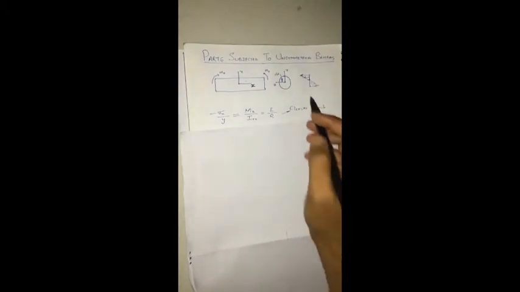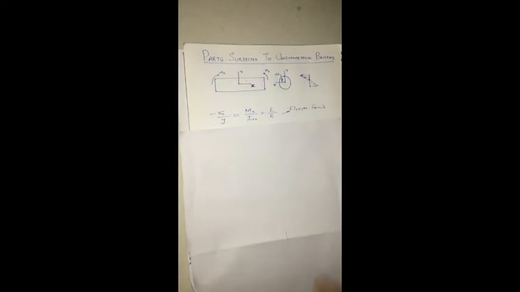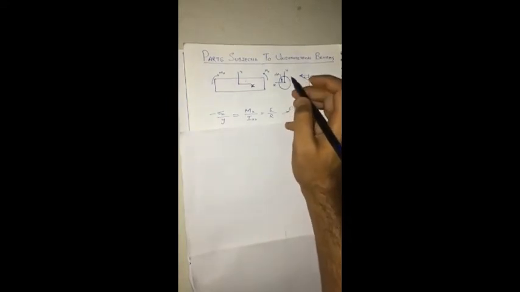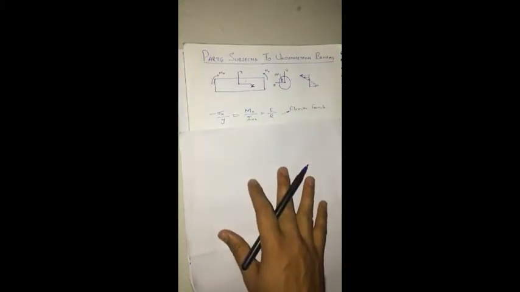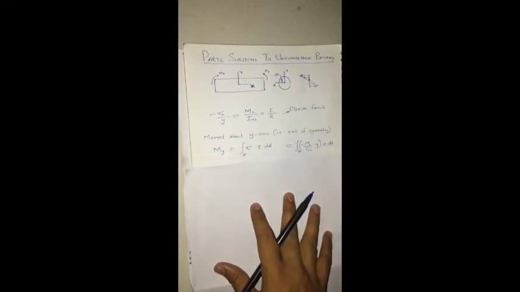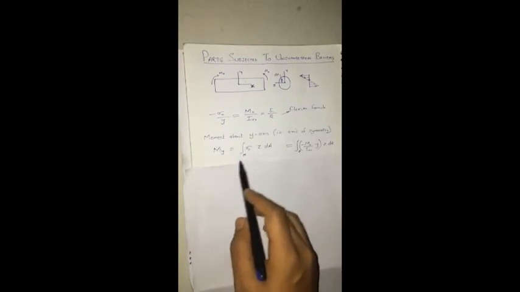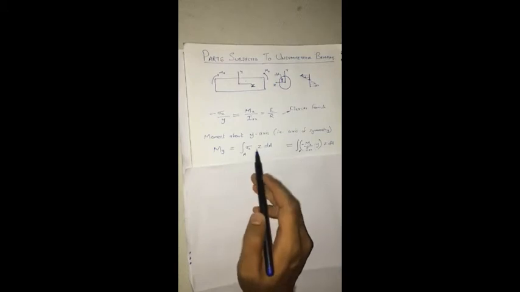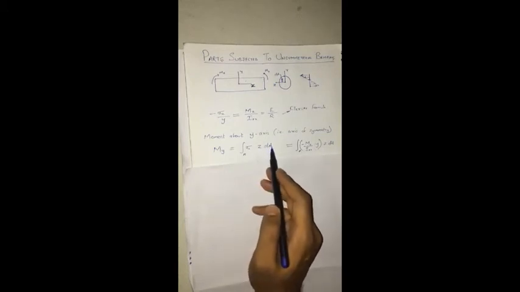Okay, so how will we calculate the moment of forces about y-axis? The moment will be calculated by this simple equation, that is My is equal to integration of sigma x into dA.